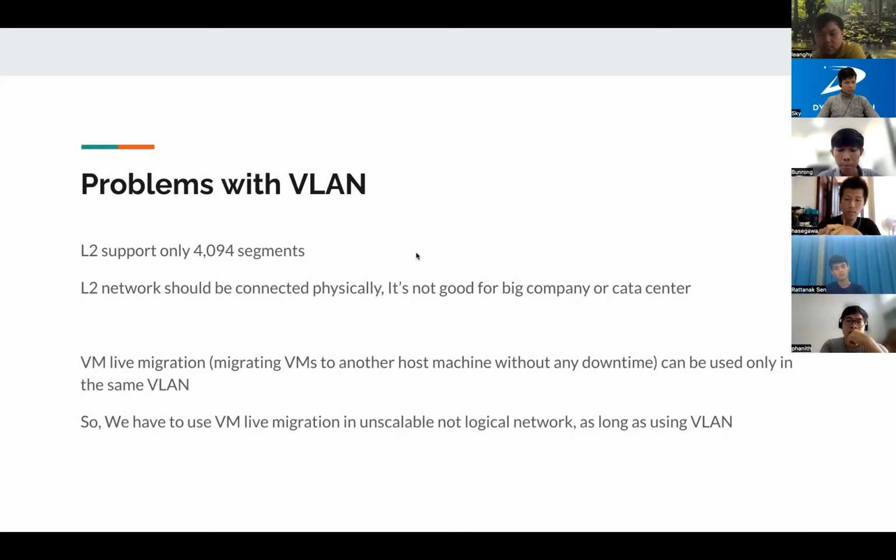The IP address ranges are not the same, but we can think of them as the same L2 network, the same VLAN. So we can say we extend the VLAN. That's why we can live migrate without any network change from server A to server B, even though they are in different separated VLANs or L2 networks.